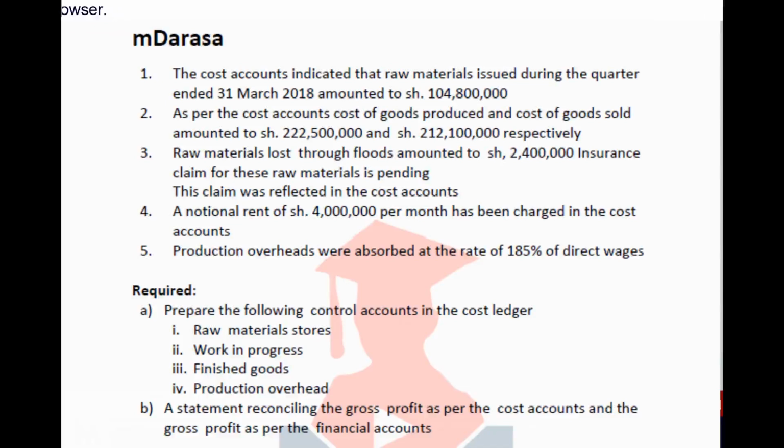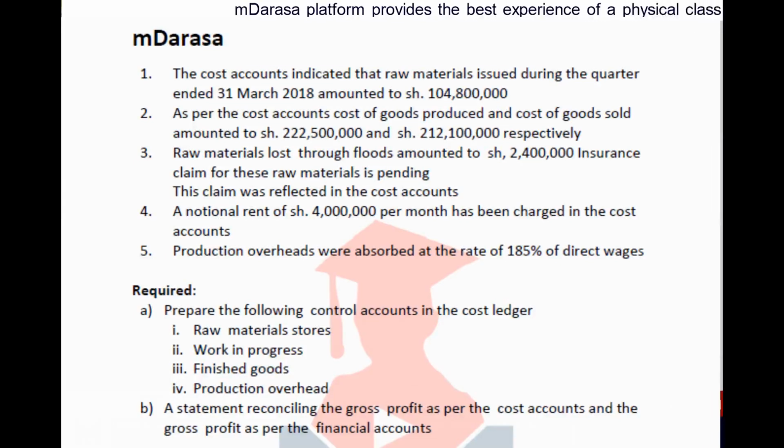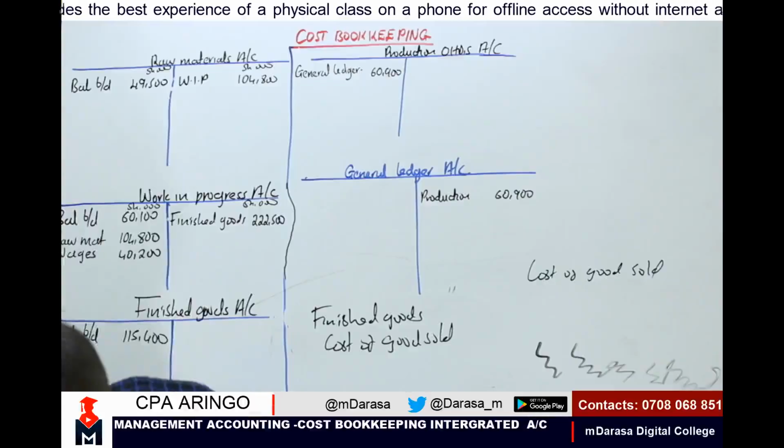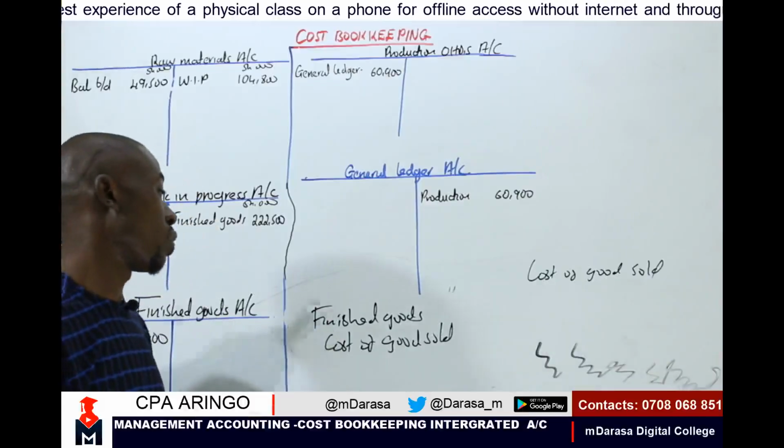That will be finished goods account and cost of sales, that is cost of goods sold. So I'll be having the 2 accounts to be affected: finished goods and cost of goods sold.